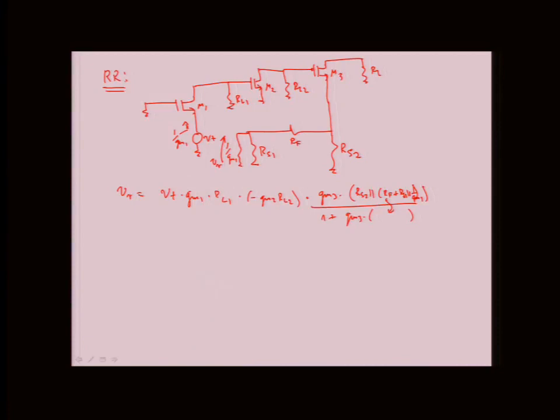And then once we are at that point over here, we have another voltage divider, which is 1 over GM1 in parallel with RS1 over RF plus 1 over GM1 in parallel with RS1.